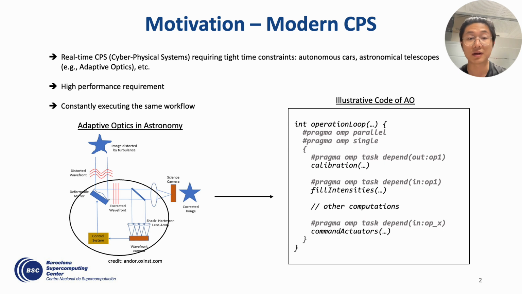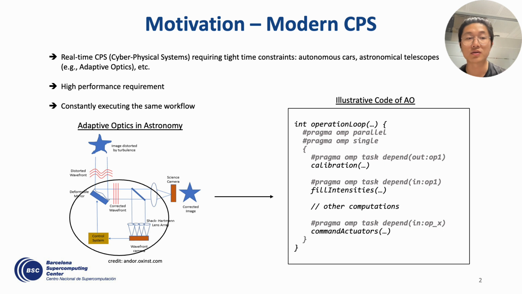This distorted image will be sent to the wavefront camera represented in the diagram, and this image will then be compared to the expected image to compute a set of errors, and these errors will be sent to the control system, where based on the errors a set of control commands will be computed as a vector.